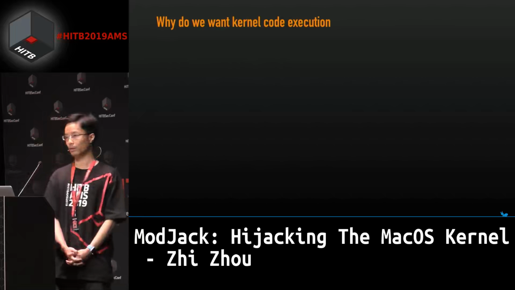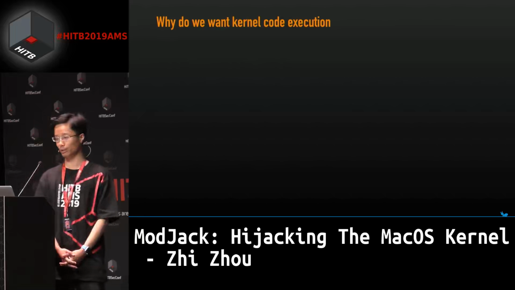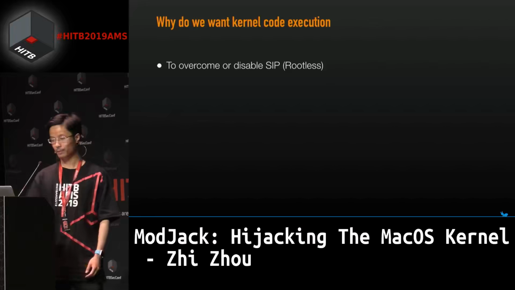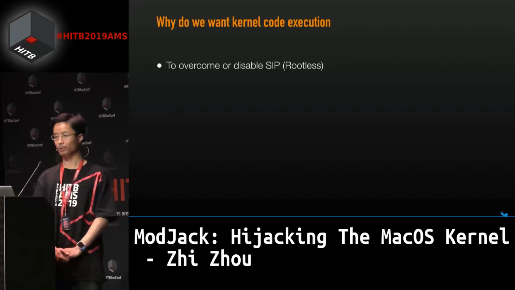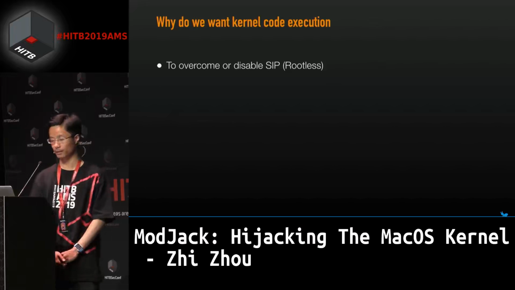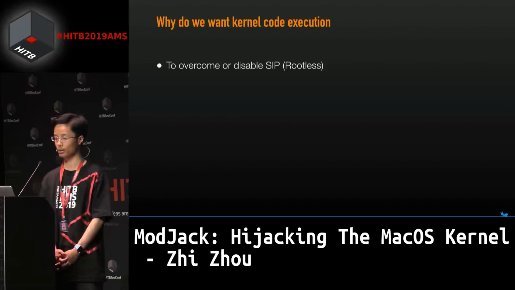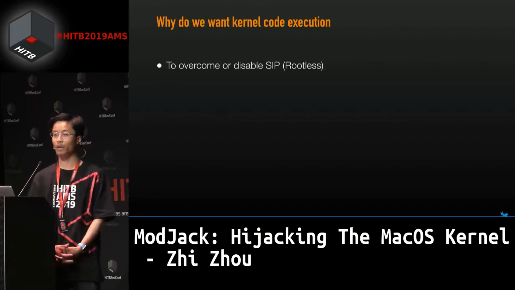First of all, we have a question: why do we want kernel code execution? There's a problem on the latest version of macOS. Even a process with root privilege and not sandboxed cannot perform particular operations, like writing to some restricted directories or attaching the debugger to a built-in process.